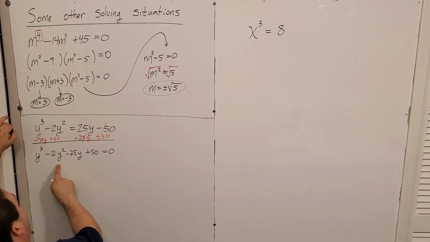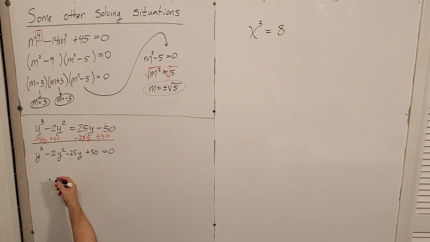From these front 2 guys here, I can take a y squared, leaving me with y minus 2. Double check. Y squared times y is y cubed. Y squared times negative 2 is negative 2y squared. Absolutely. Whenever you're factoring by grouping, the second group needs to always match this middle sign here. That's a good way to remember what you should be factoring here.